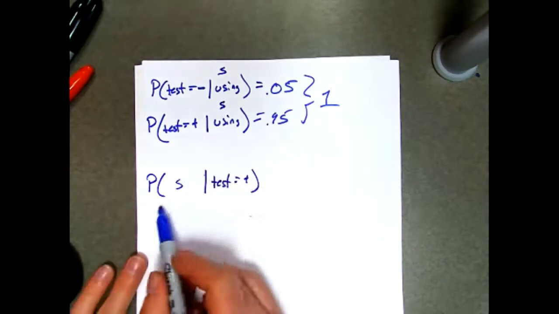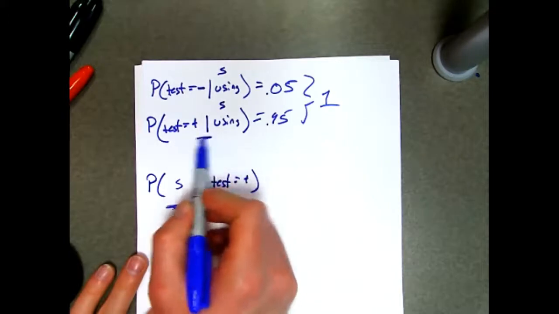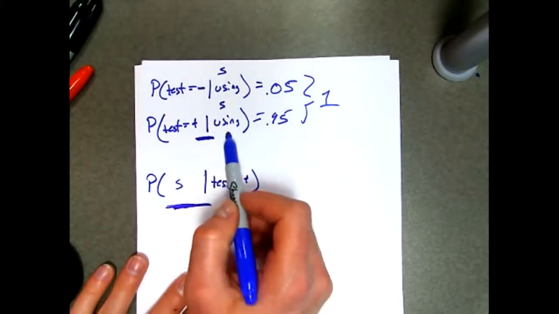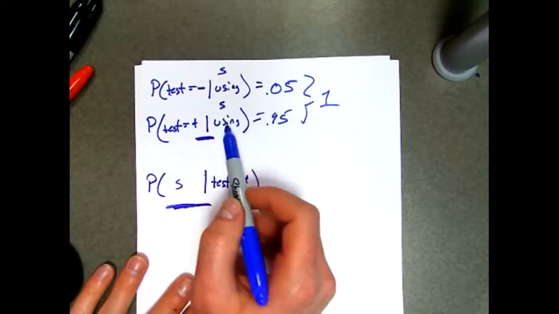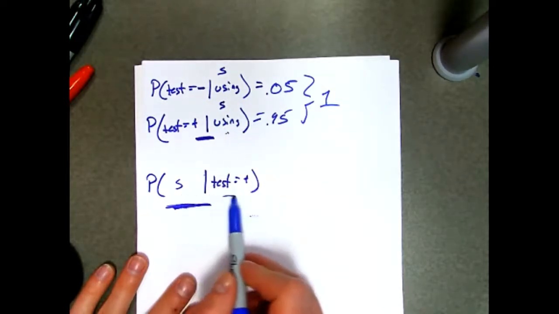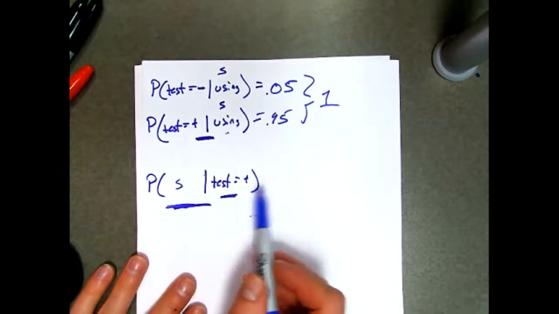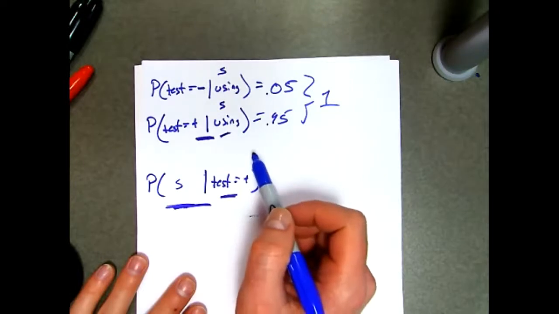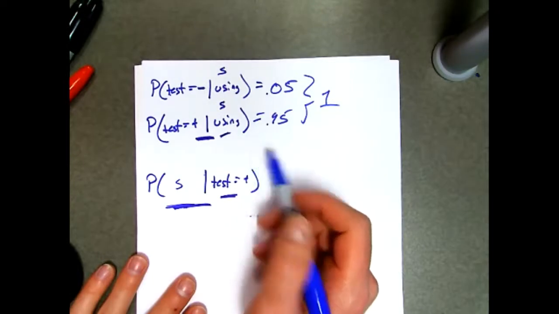So this is usually what you're trying to find, and this is going to be the information you're given. So you're typically given conditional probabilities where you're conditioning on the state of nature. And then you want to find the probability of those different states of nature, conditioning on the outcome of the test. So you'll always typically be given probabilities where you're conditioning on the state of nature.